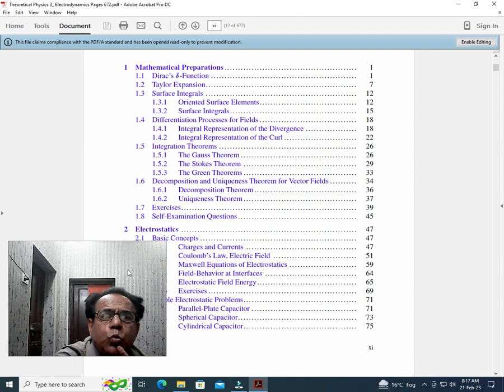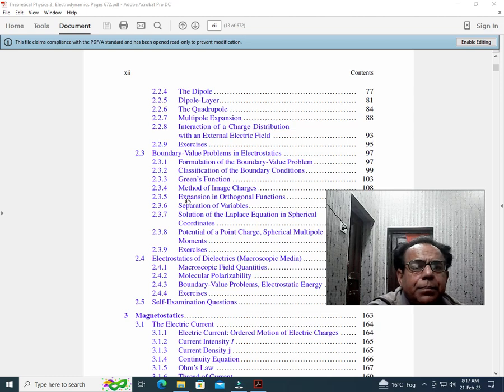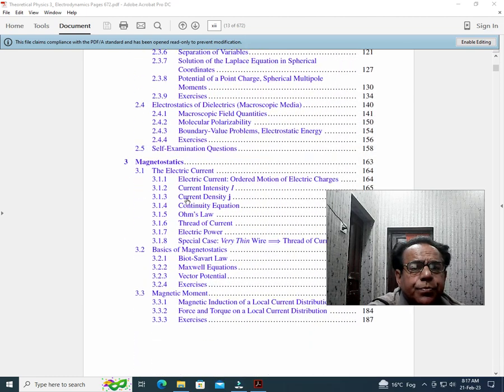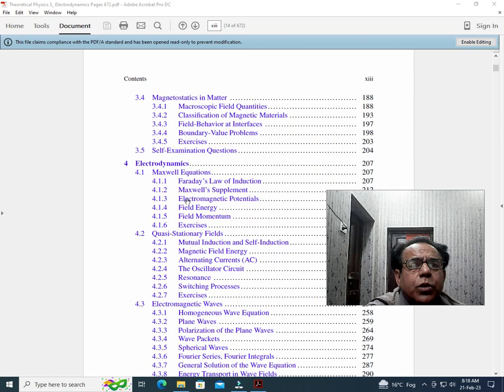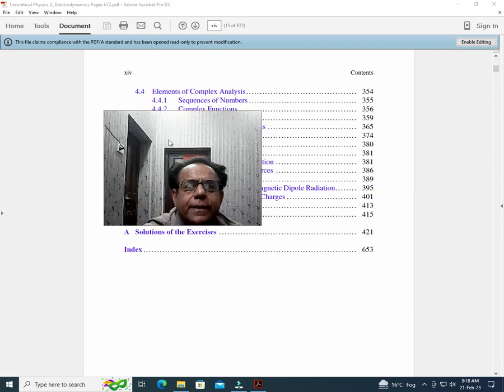Chapter 2, electrostatics. Chapter 3, magnetostatics. Chapter 4, electrodynamics. And then the index is given at page number 653.